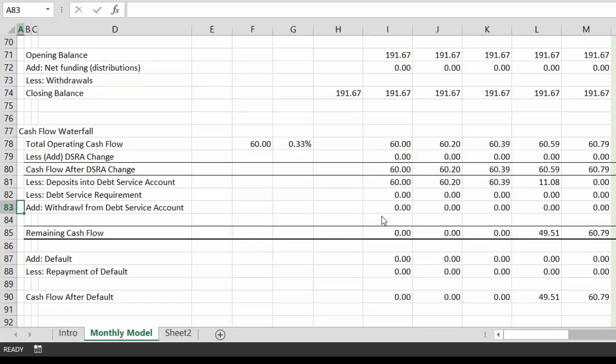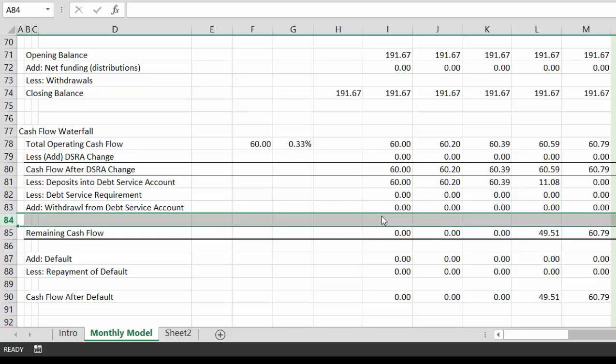Okay, but this time, here's what's going to happen. Right now, we'll have no withdrawals from the DSRA account. But if we have a bad year, a bad period, and this remaining cash flow down here is negative, before we have a default, I think we can delete this one.